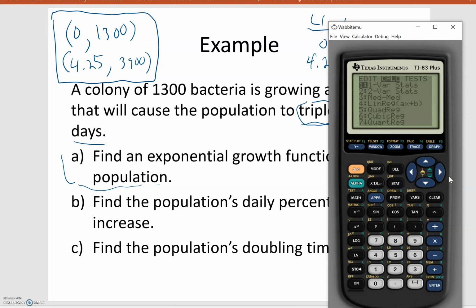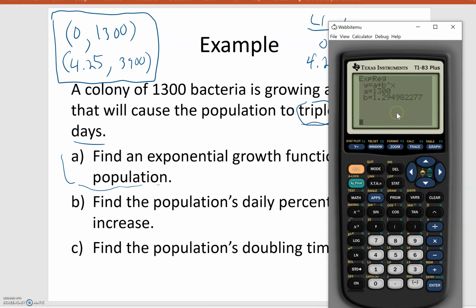That's stat calc. And then exponential regression, you can press 0, L1, L2, vars, yvars, function y1. Oh, I need a parenthesis or a comma there. Let me do that again. Okay, there we go. And there's our function.